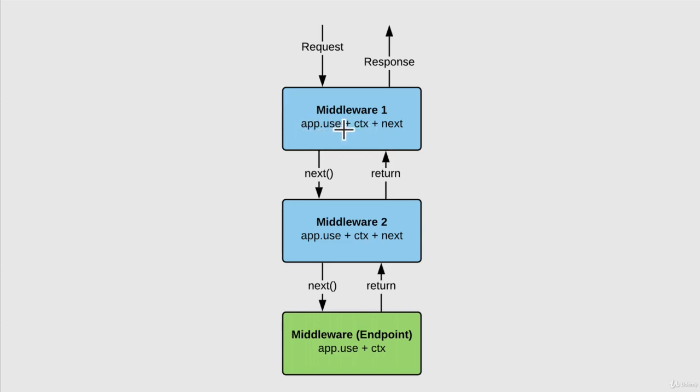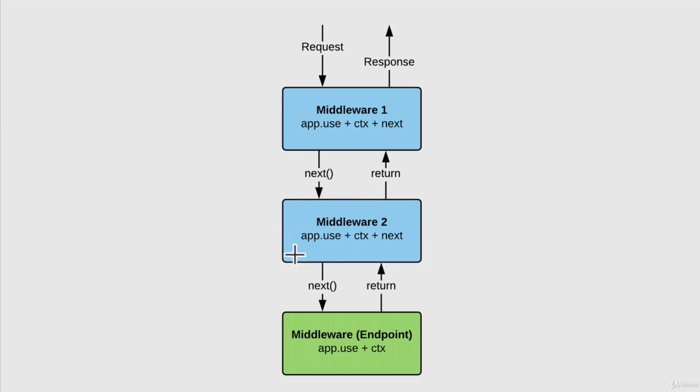It has the app.use, which registers the middleware, the context object, which we just learned about, and the next function, which controls the flow of our middleware. So when the next function is executed, the second middleware starts executing.